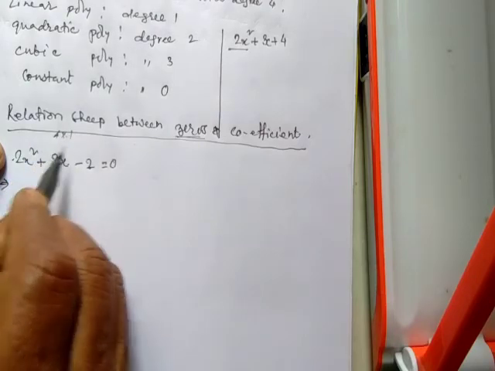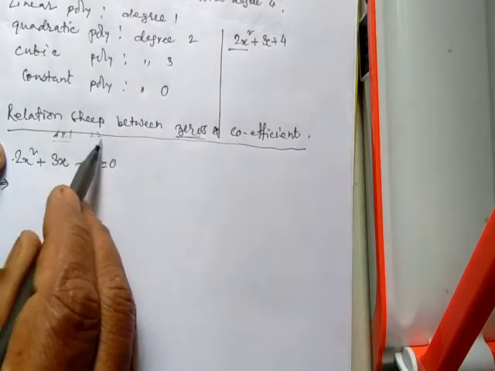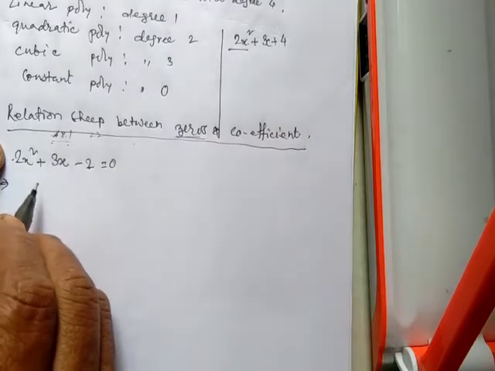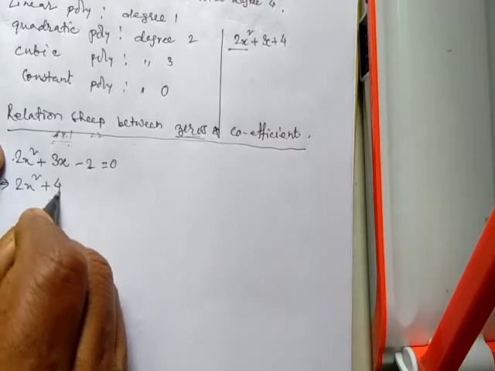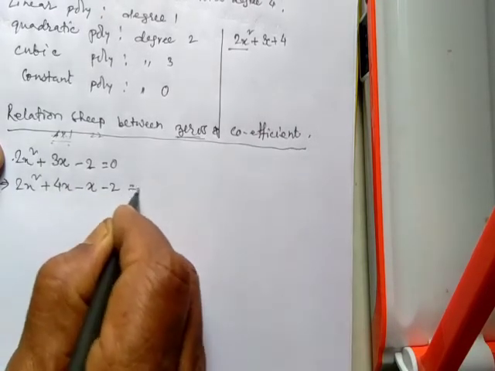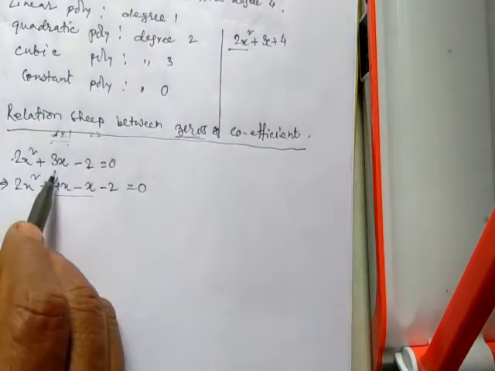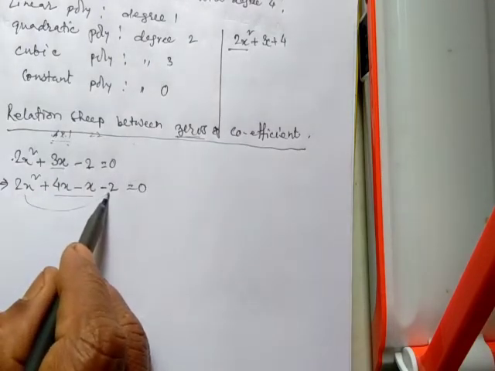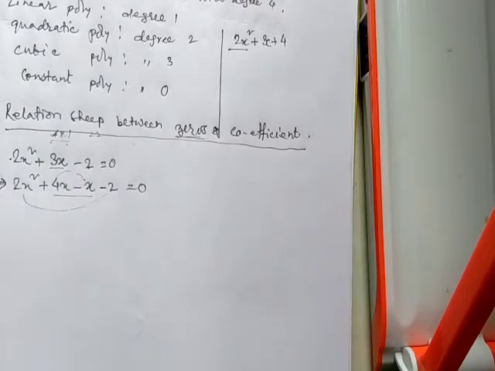Now 4 into 1 is possible; 2 into 2 is not possible. 4 minus 1 is 3. So 2x square plus 4x minus x minus 2 is equal to 0. If you simplify these, you must get the middle term.